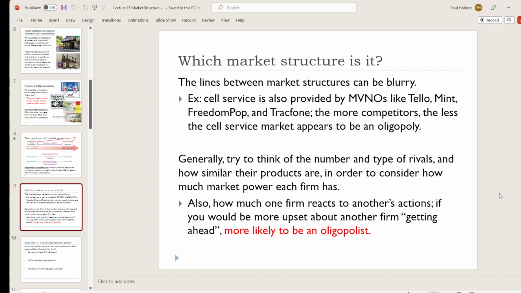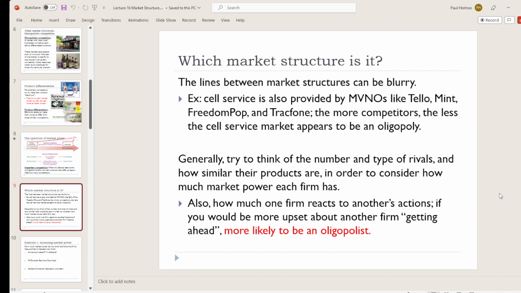But another thing that you could add in here is how you feel about your competitors. Monopolistic competitors are often not particularly competitive, that's not quite the right word. What am I looking for? They don't tend to hate one another.